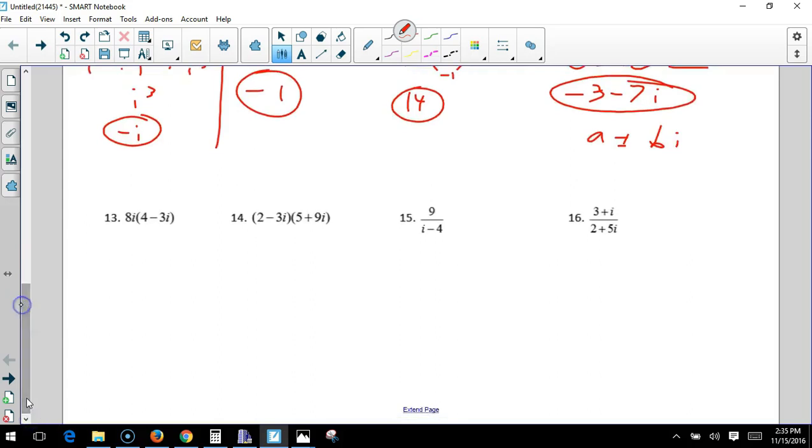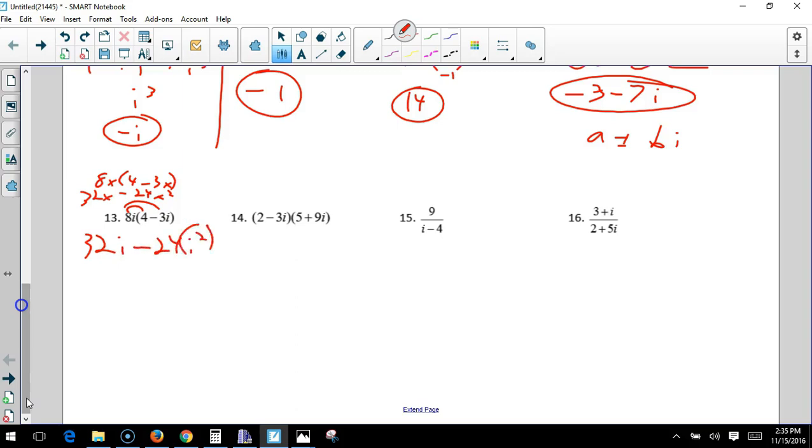This one, distributing 8i times 4 minus 3i. Same thing as if this was 8x times 4 minus 3x. What will we do? We get 32x minus 24x squared. The only difference is when we do it here, we still get 32i, and we get a negative 24i squared.